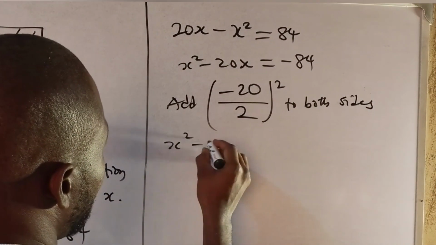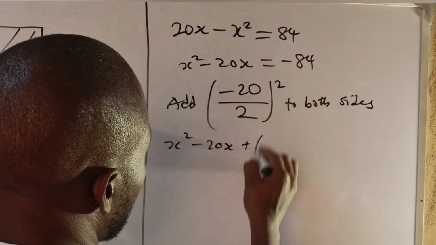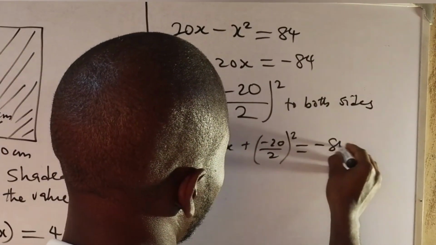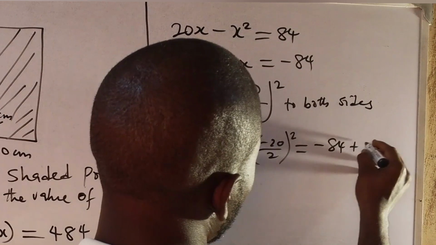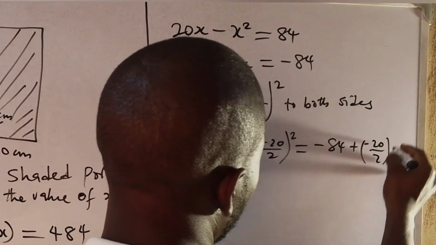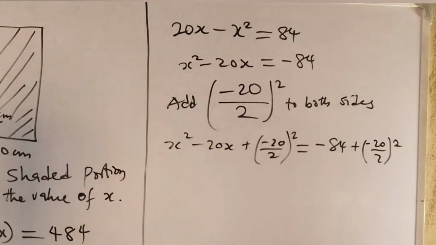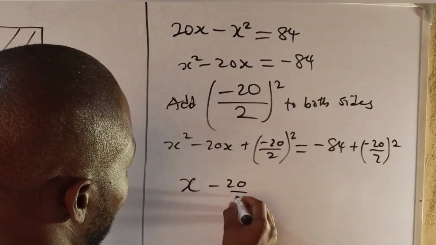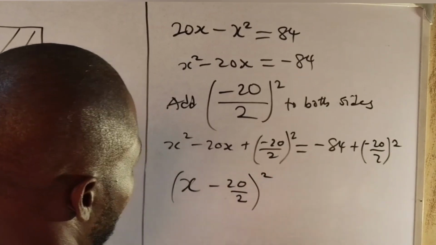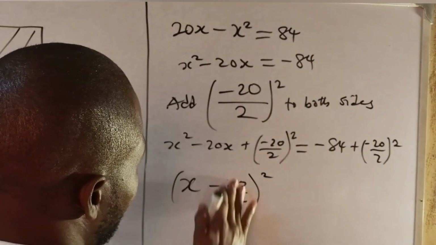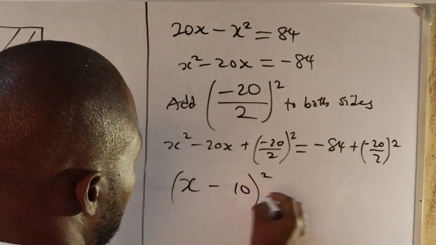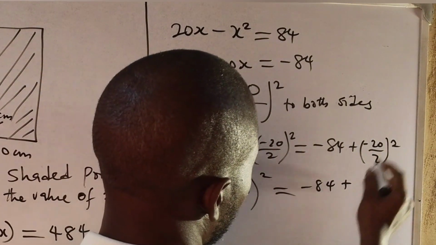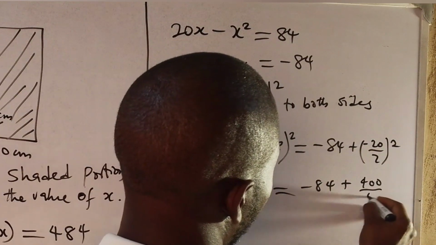So you have x squared minus 20x plus minus 20 over 2 squared is equal to minus 84 plus minus 20 over 2 squared. When you do that, this becomes x minus 20 over 2 squared, which is x minus 10 all squared, equal to minus 84 plus 400 over 4.